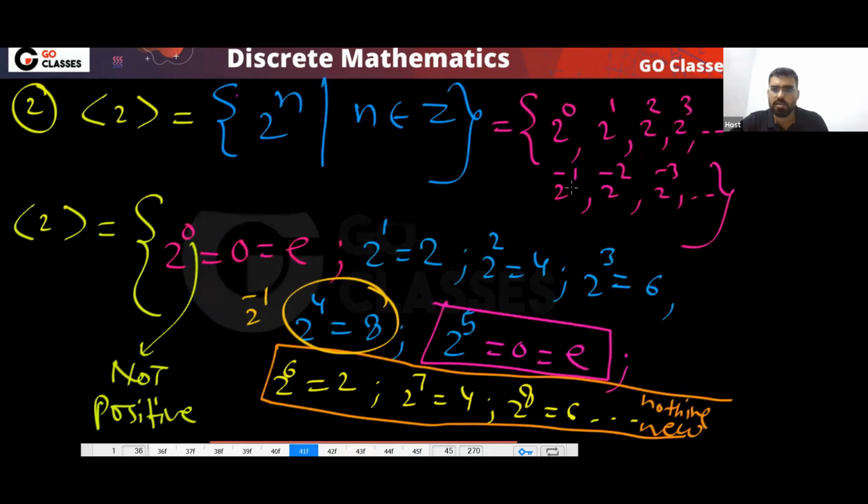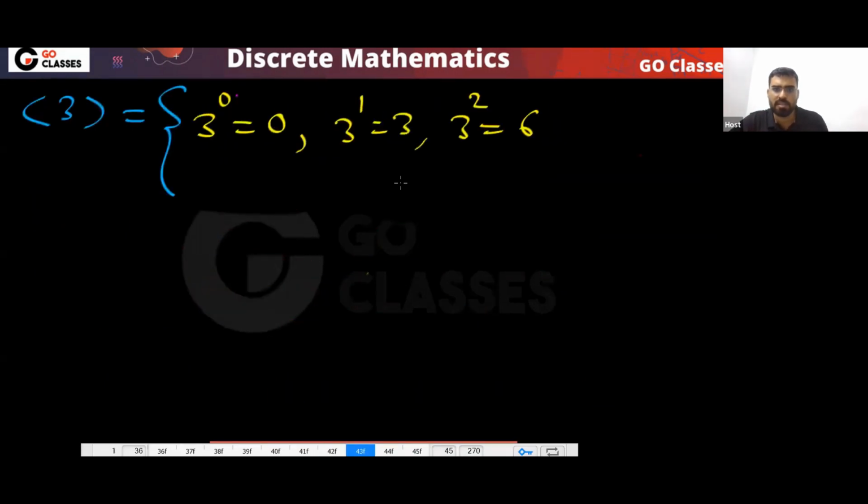And 3 power 3 will be 9. 3 power 4, what is that? That is 2.